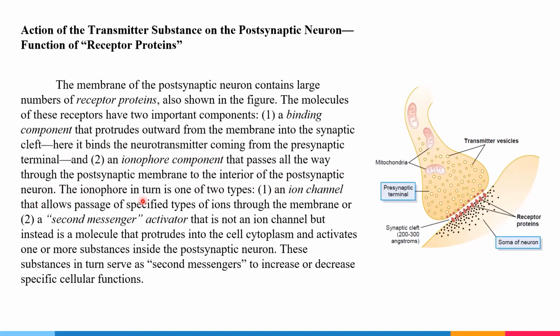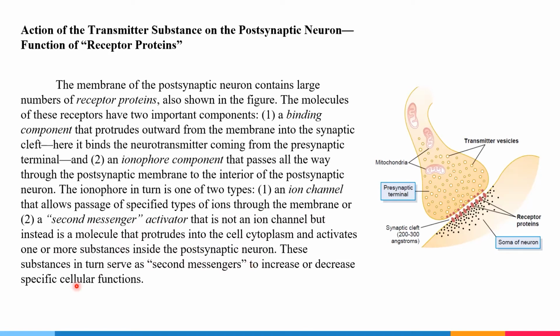The ionophore, in turn, is one of two types. It can either be an ion channel that allows the passage of specified types of ions through the membrane, or a secondary messenger activator that is not an ion channel but instead is a molecule that protrudes into the cell cytoplasm and activates one or more substances inside the postsynaptic neuron.